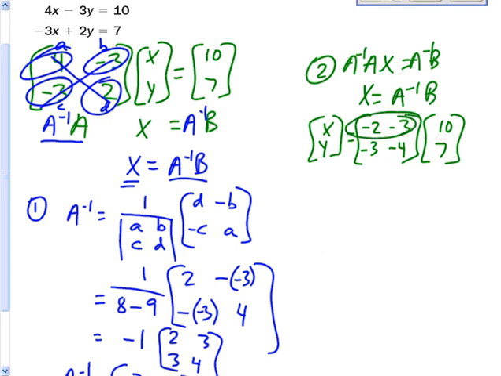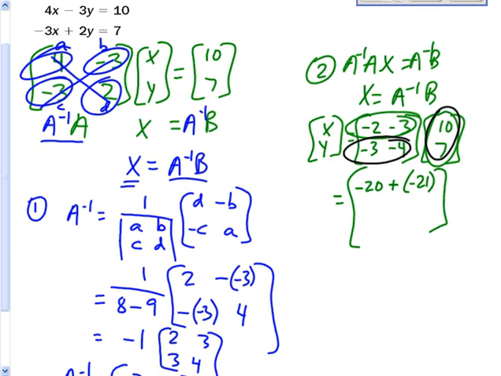Now we multiply. -2 times 10, -20, plus -3 times 7, -21. Now we jump down to the next row: -3 times 10, -30, plus -4 times 7, -28. Solve that. -20 plus -21 is -41, and -30 plus -28 is -58.